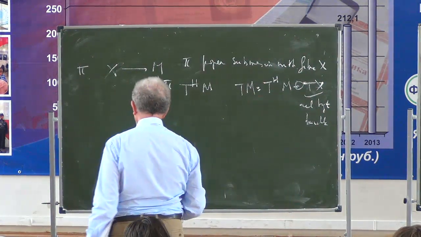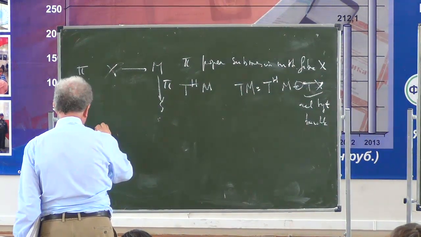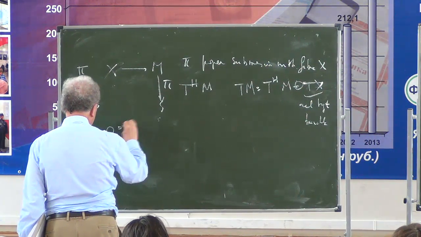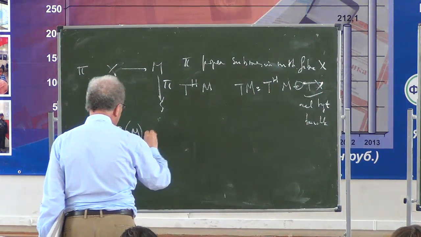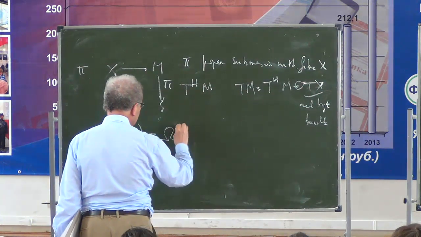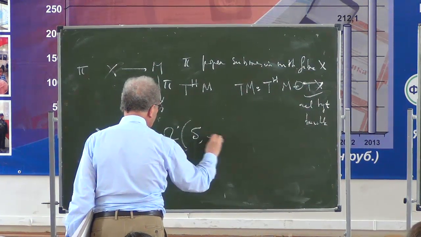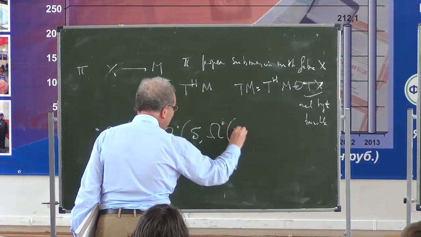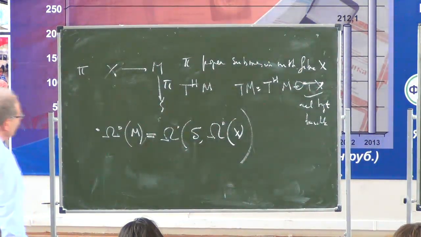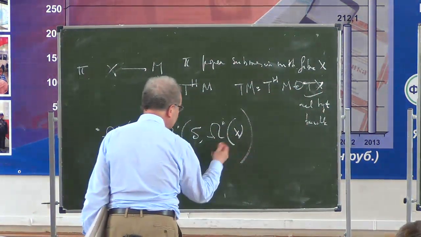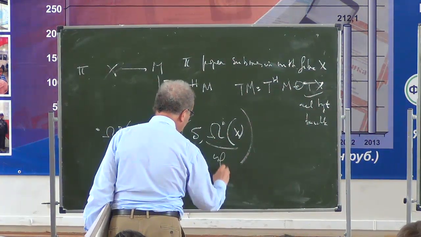And so what we saw is two things. First of all, that given this, we can identify the de Rham space, the space of smooth forms, as a space of smooth forms on S with coefficients in the relative de Rham complex. So this is an infinite dimensional vector bundle.